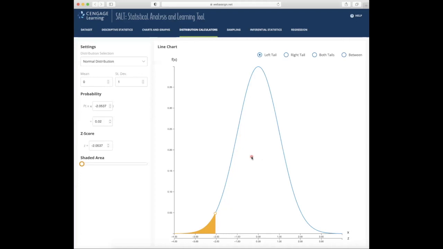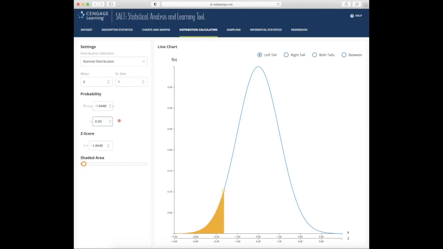All right. I actually really like the way SALT does this as a learning tool. We have our same setup. We're looking for the probability for a normal distribution with a 0 mean and standard deviation of 1. Probability that x is less than some value is 0.02. So I can adjust this value however I'd like.